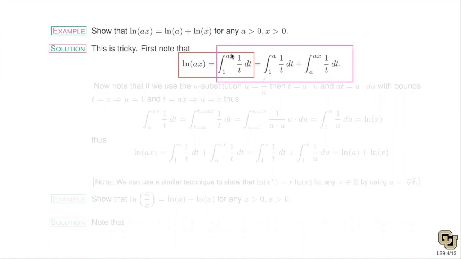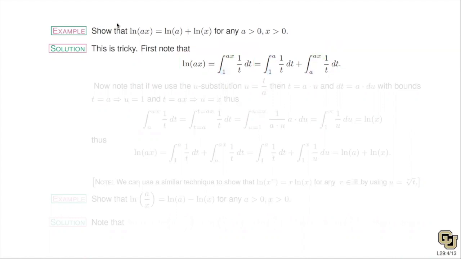So we go from 1 to a, and then a to ax. That's the same as going from 1 to ax.